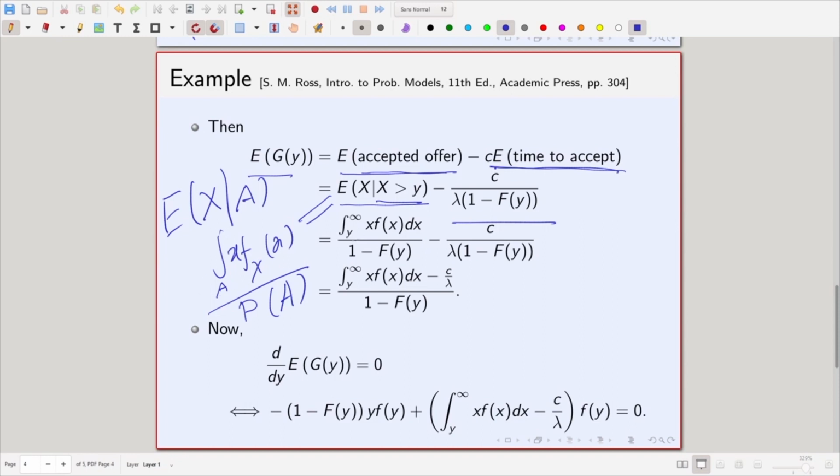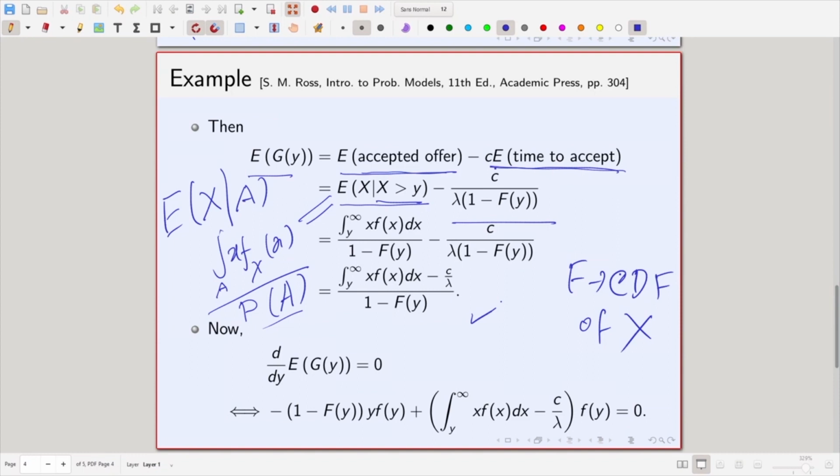The probability that X is greater than y is just 1 minus F(y), because we have assumed that F is the CDF of X. Fine. Now, if you write it in a compact form, you get this. That gives you the expected net return when you follow a policy of accepting the first offer of size greater than y.